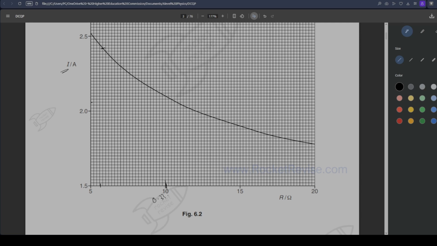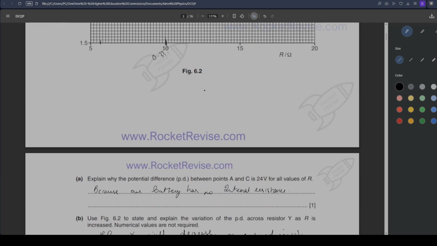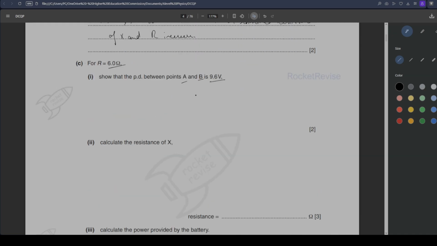One, two, three, four, five, 2, 3, 4. Okay, so this is 2.4 volts. Sorry, 2.4 amps. So we have a value of I is going to be 2.4 amps, and R is 6 ohms.